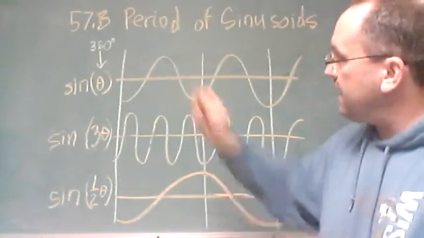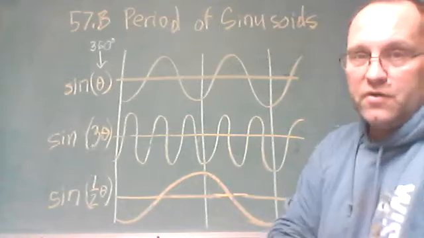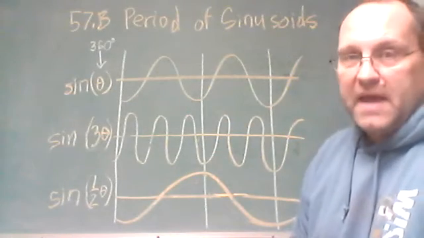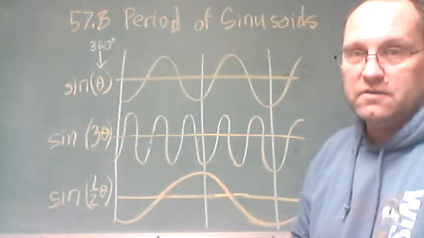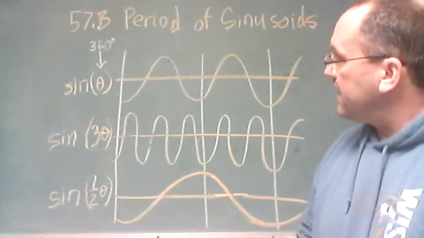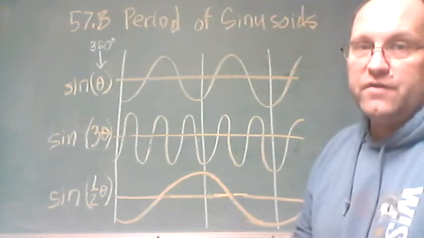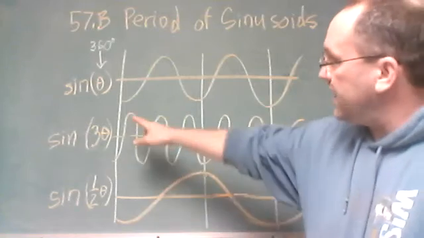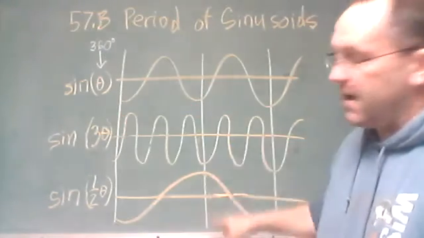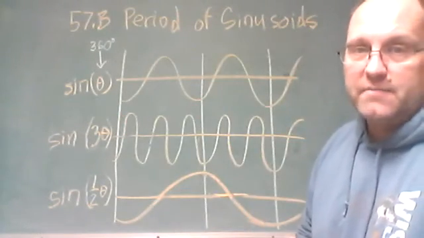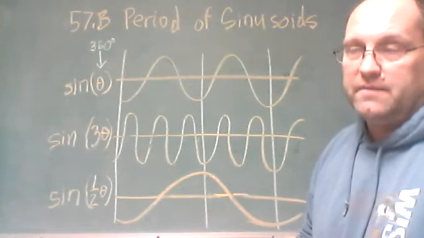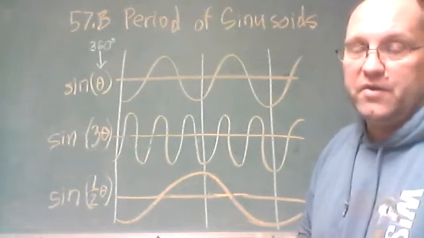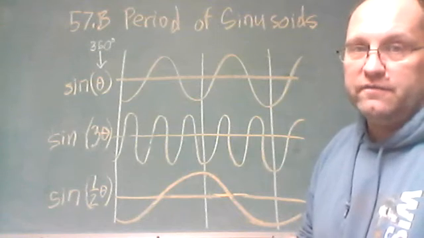Here I have an example of a normal sine wave with a magnitude of 1, just the sine of the angle. And we notice it repeats itself every 360 degrees, which I have indicated here by vertical lines on my simplified graph. Now, how do we measure the period of a sinusoidal function?